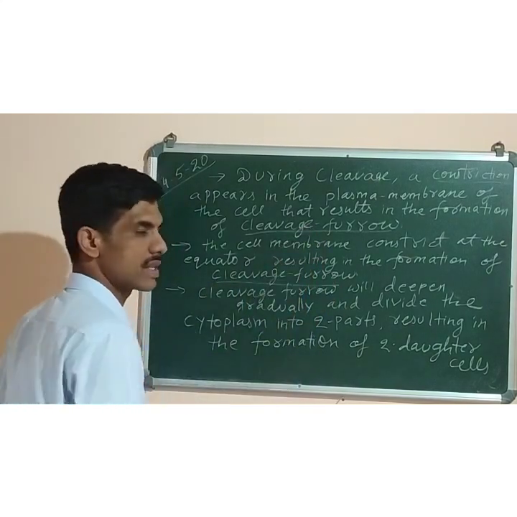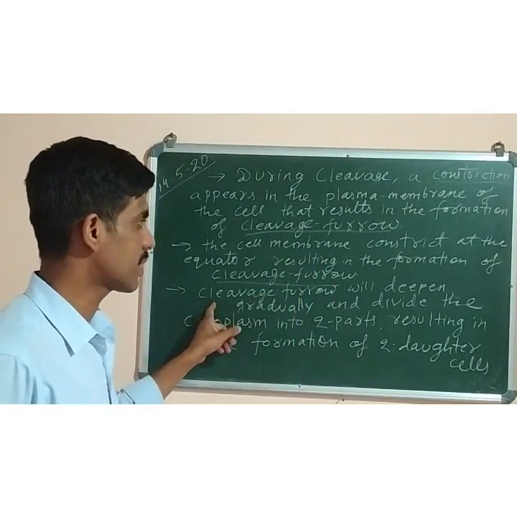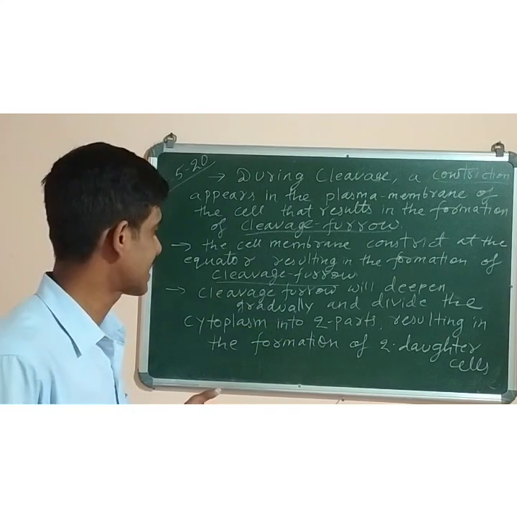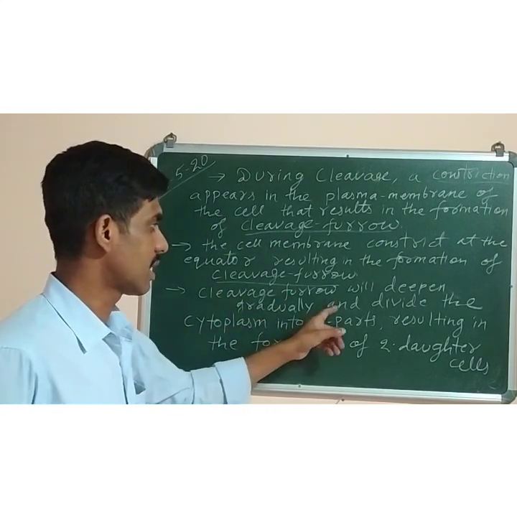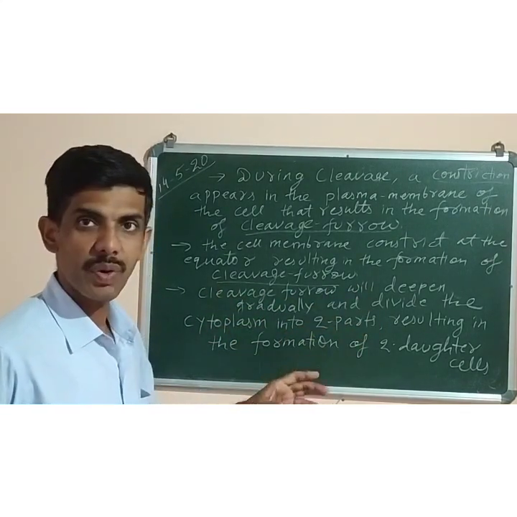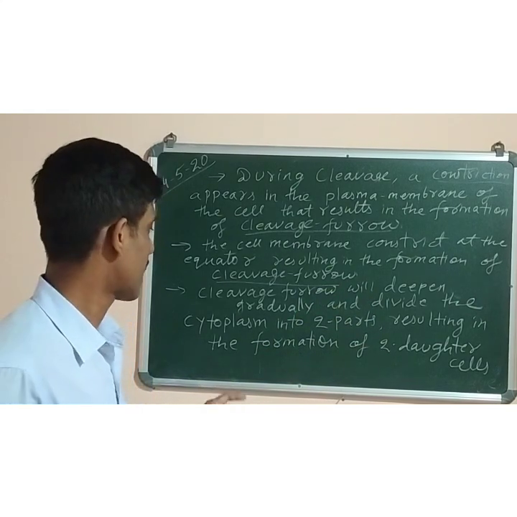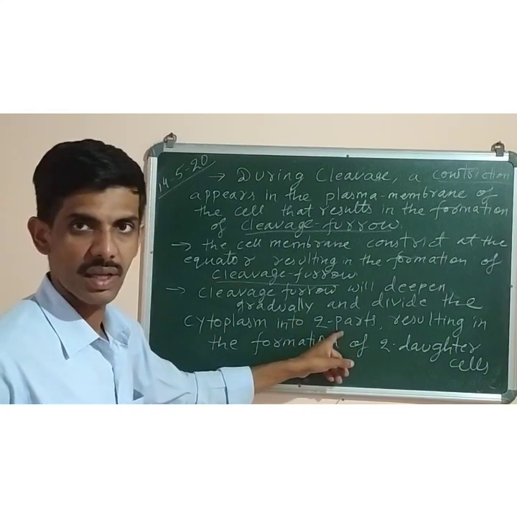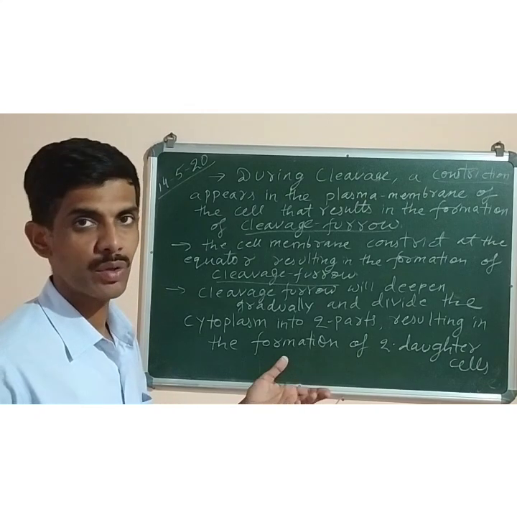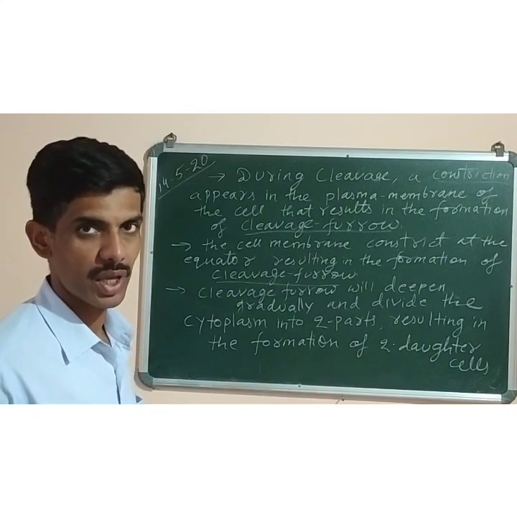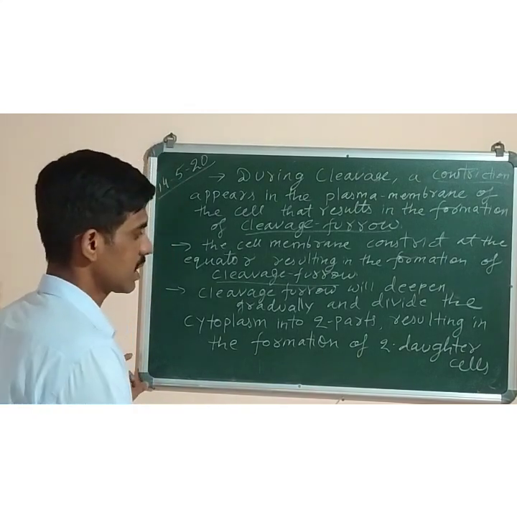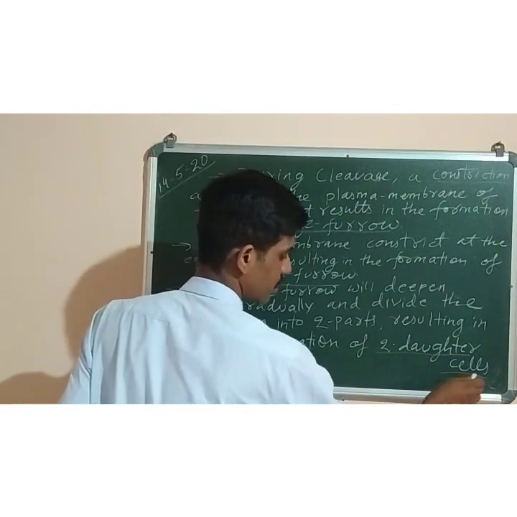Here also I mentioned the same. And this cleavage furrow will gradually deepen inside, and it will divide the entire cytoplasm into two parts. And once the cytoplasm is divided into two parts, it will be equally shared in both the daughter cells. That results in the formation of two daughter cells.